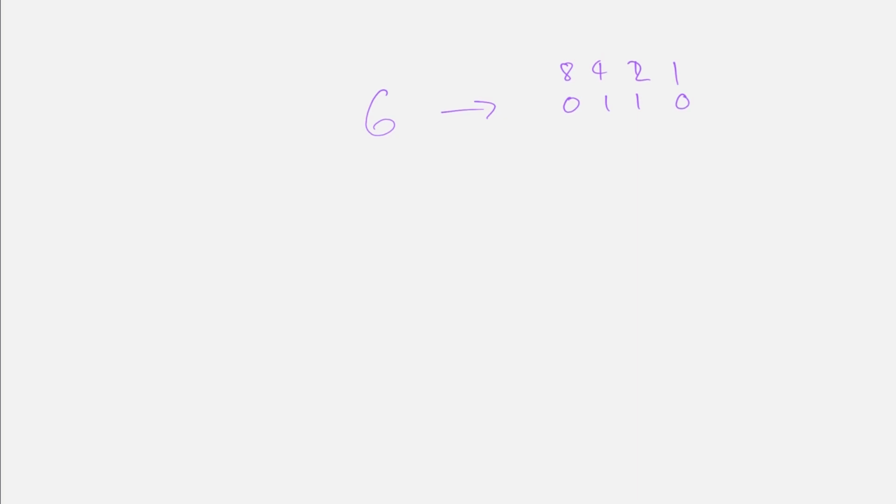Now there's our binary. Now we have a 2, which will become 0, 0, 1, 0. Now we add these two together. 0 and 0, 1 and 1, carry the 1, 1 and 1, carry the 1, 1, 0, 0, 0, which is 8, because it would be in this column.